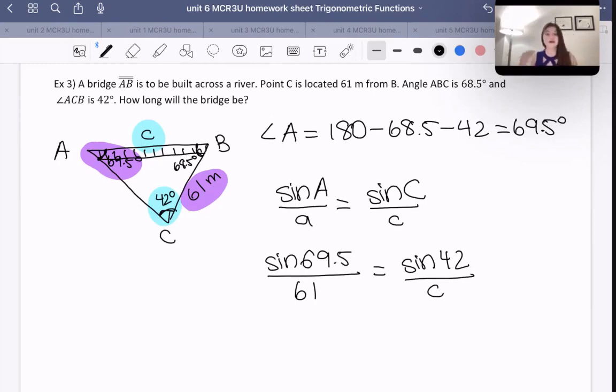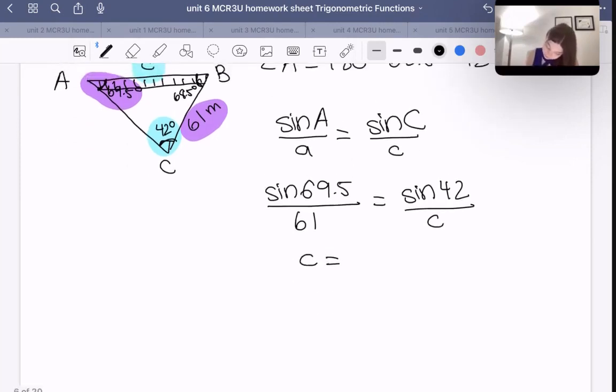So again, now we're going to cross multiply. We'll get that C up to the left, and we're going to put the sine 69.5 down to the right, and the 61 up to the right. So we're going to end up with C is equal to sine 42 over sine 69.5, and then 61 goes up here.